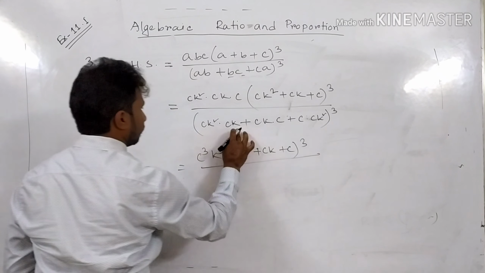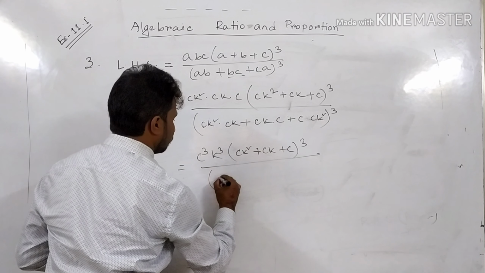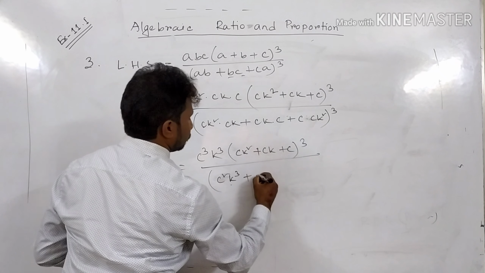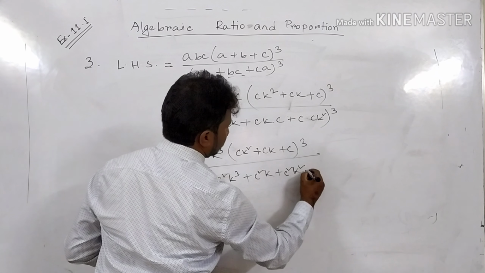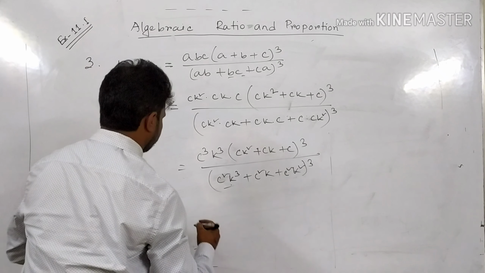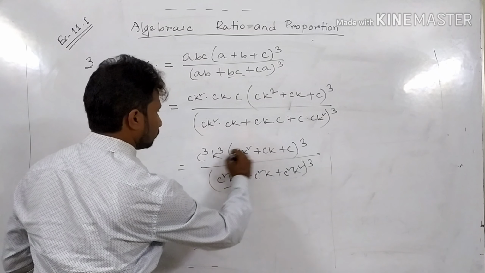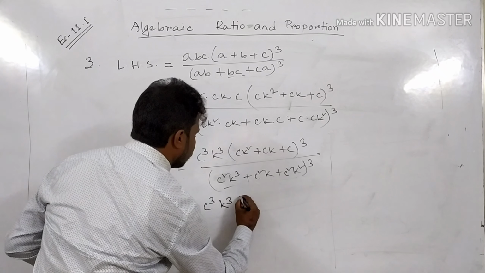Here you write it is c and c square k cube plus c square k plus c square k square cube. Now here it is c cube k cube.